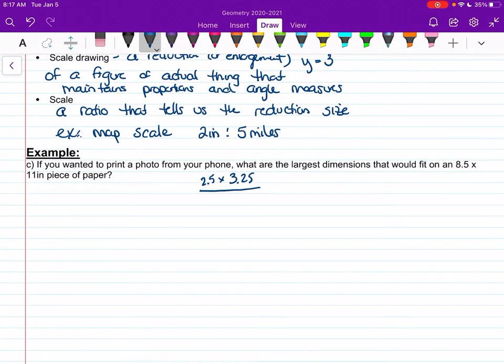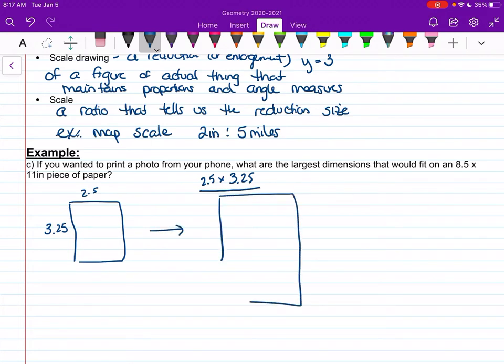So if I take a picture on my phone, 2.5 by 3.25, and I want to put this onto an 8.5 by 11 piece of paper. I'm going to erase this real quick just so I have some more space here. So there's a couple options here.